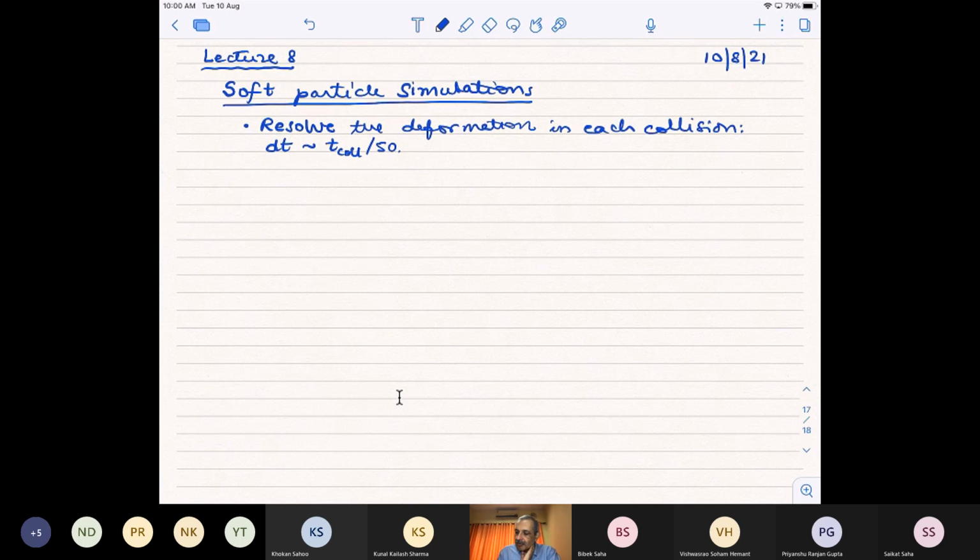And so you have to go to a very fine time step, which is, let's say, around 50 times smaller than the collision time. And we saw that the collision time for many of the materials is about 10 raised to the power minus 6. So you'll have to go to sufficiently small time steps. Okay, so this is one factor.